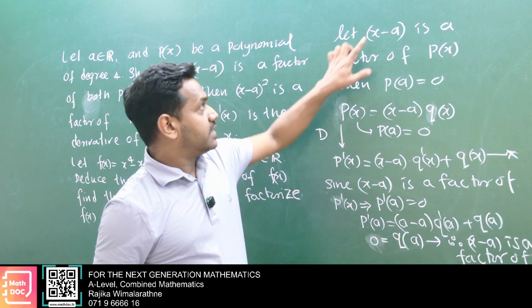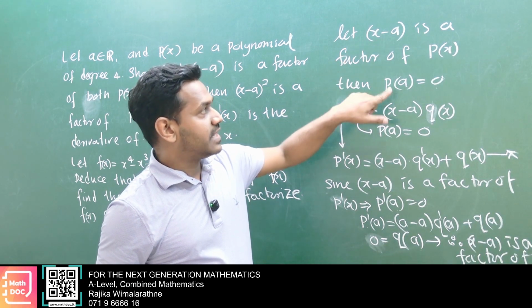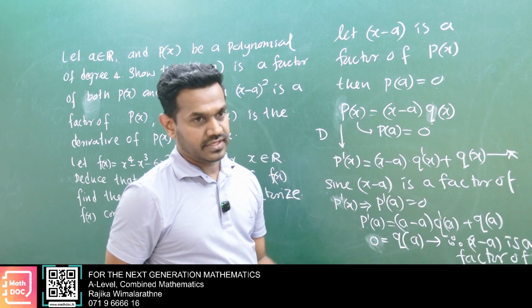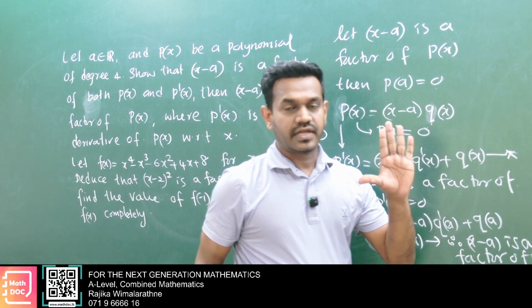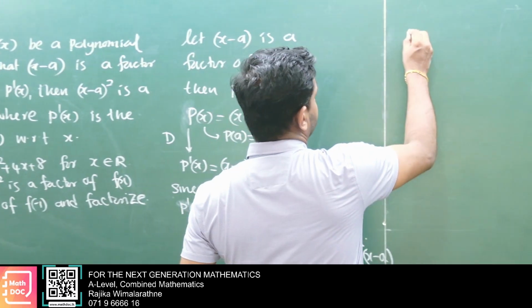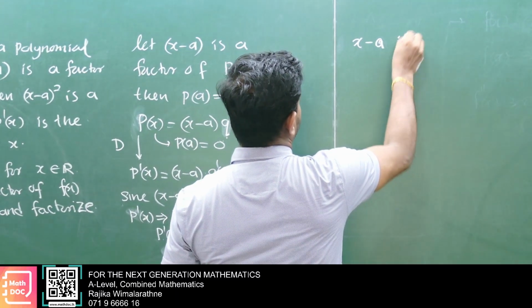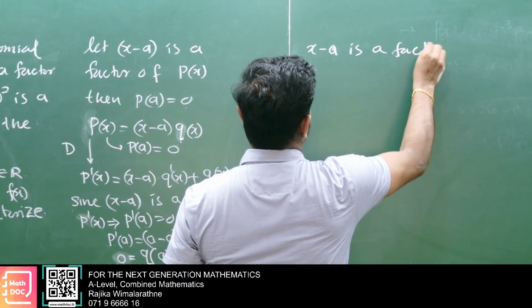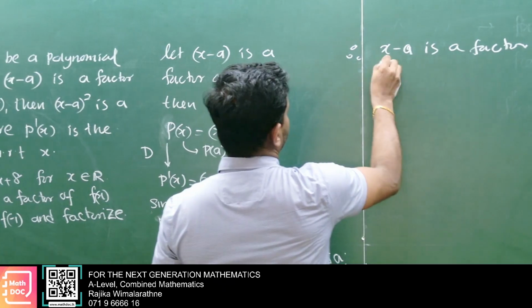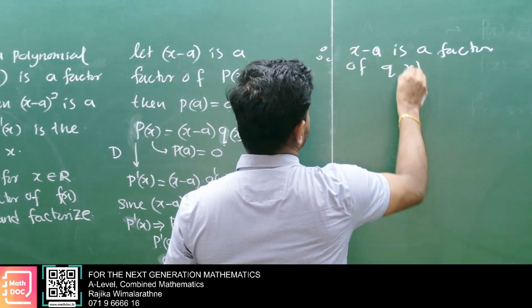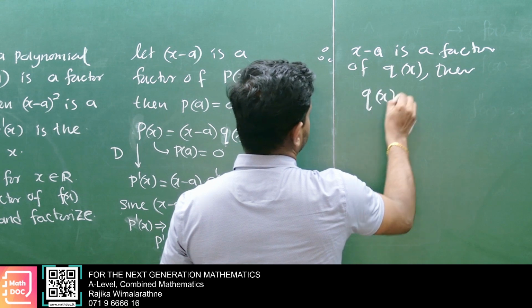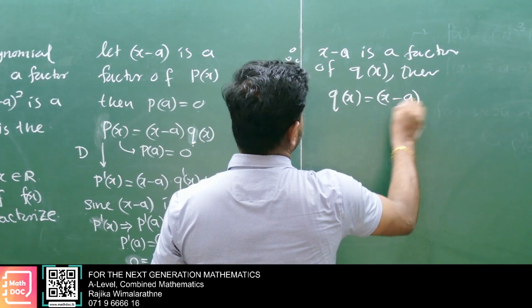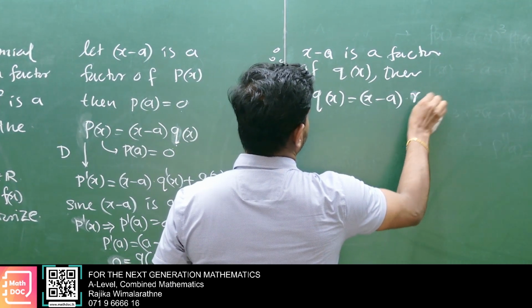So x minus a is a factor of p(x), and similarly x minus a is a factor of q(x). Then q(x) equals (x minus a) times r(x).